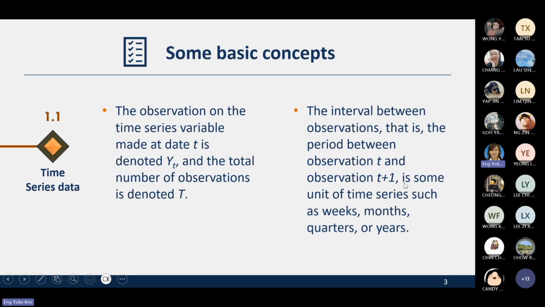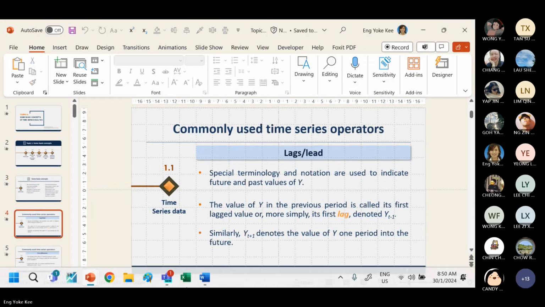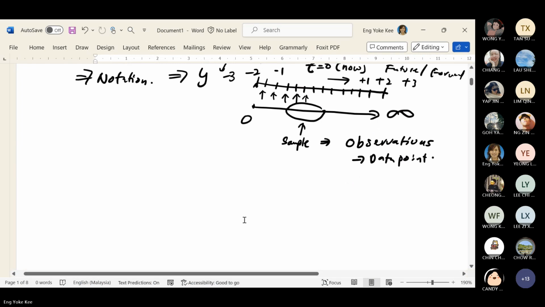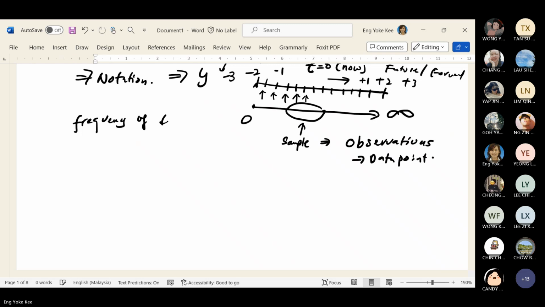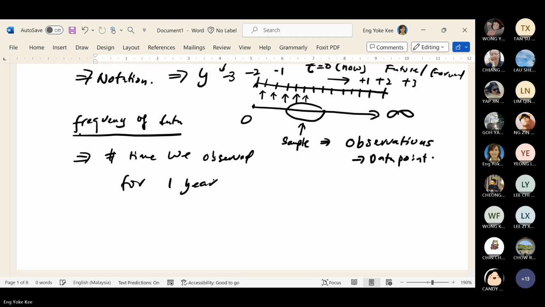So remember, what is the frequency of the data? Frequency of data refers to the number of times we observe in one period of time, for example one year. So in one year, how many data points do you see? If one year has one observation, we call this annual data.